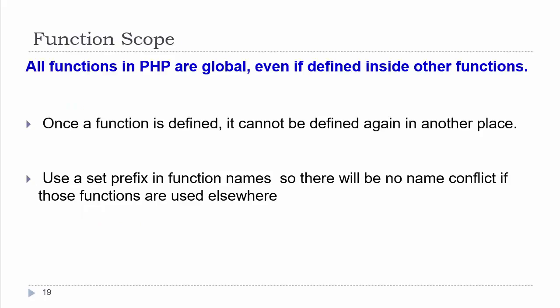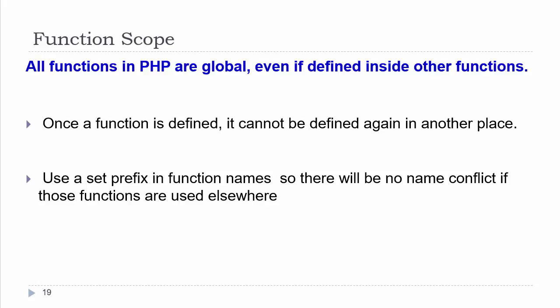In PHP, we also have function scope. All functions in PHP are global, even if they're defined inside other functions, which means that we can access a function regardless of where it is. However, once you define a function, it cannot be defined again in another place. That is a good rule of thumb to have unique names not only for functions, but also for variables.